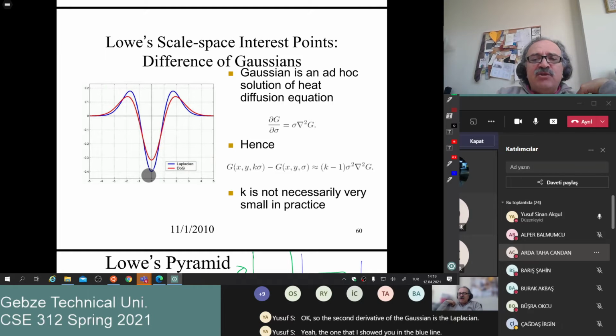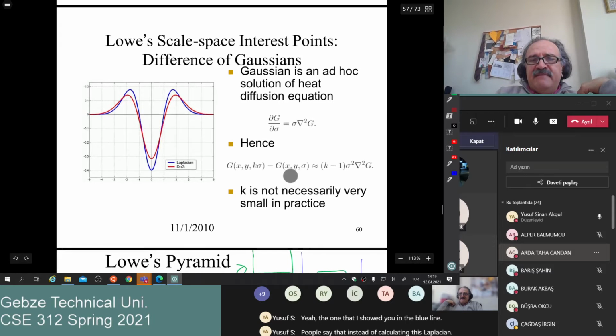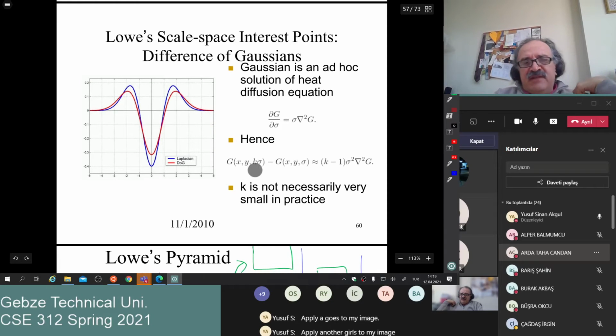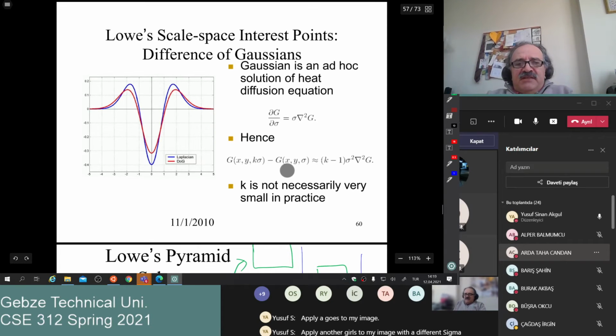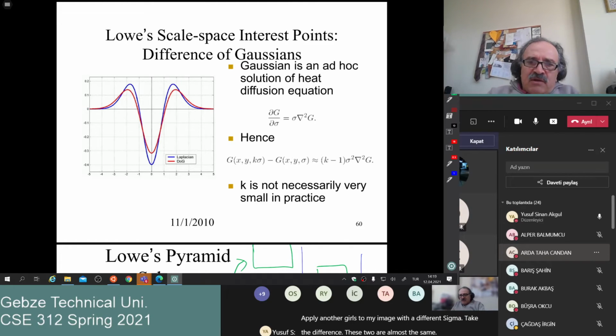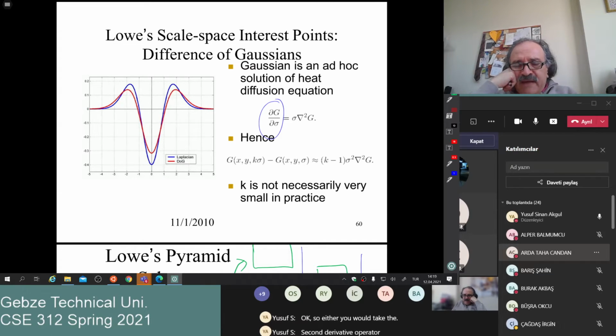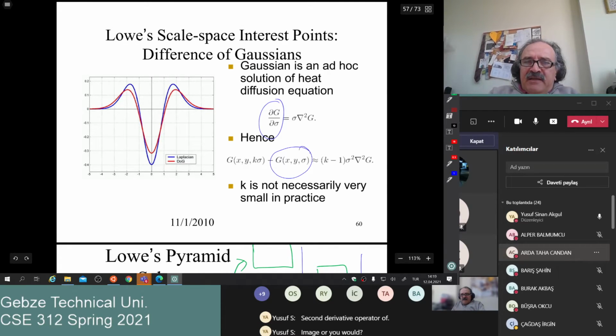People say that instead of calculating this Laplacian, I could apply a Gauss to my image, apply another Gauss to my image with a different sigma, and take the difference. These two are almost the same. So either you take the second derivative operator of an image, or you apply the Gauss and another Gauss and take the difference.